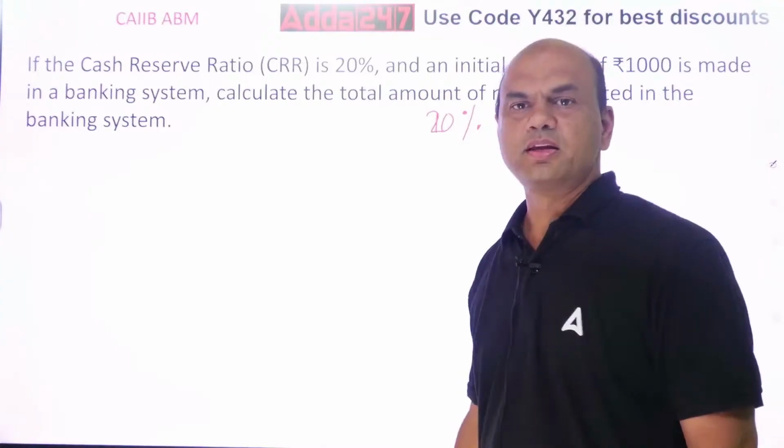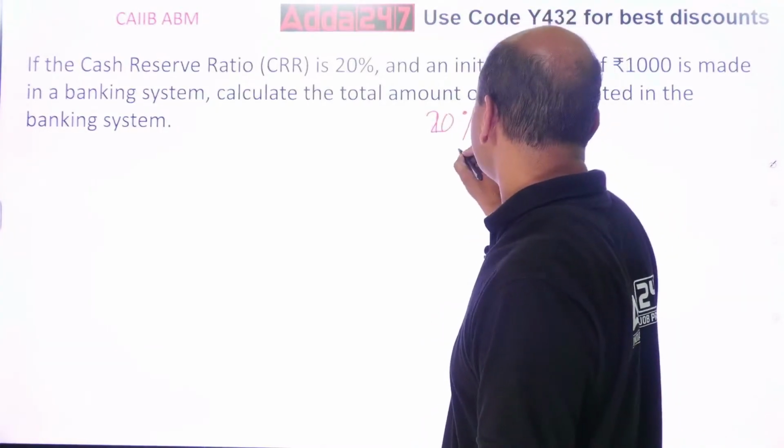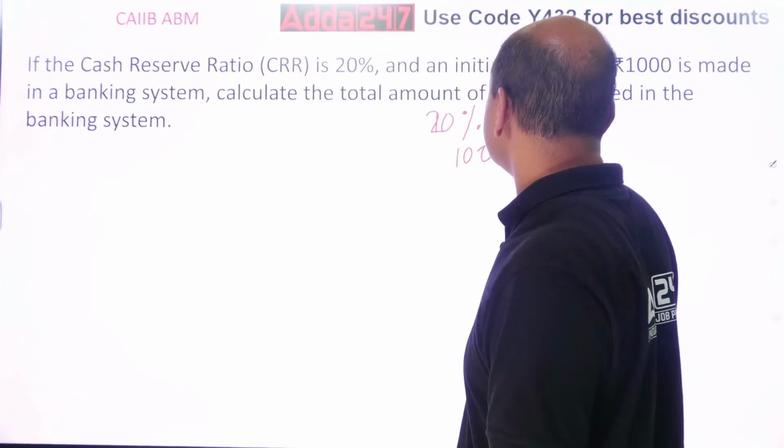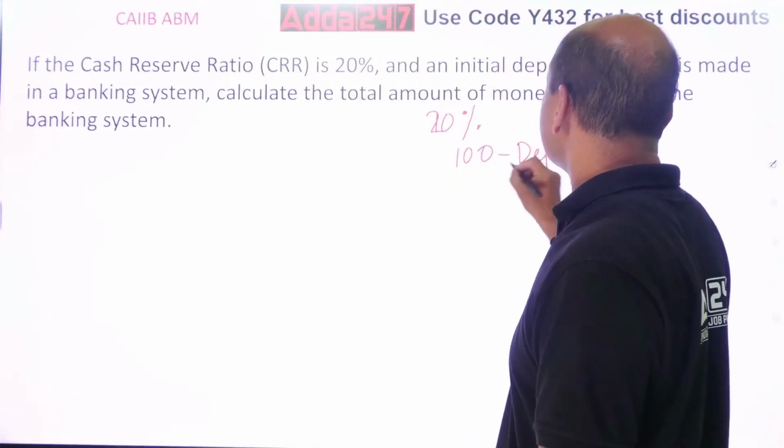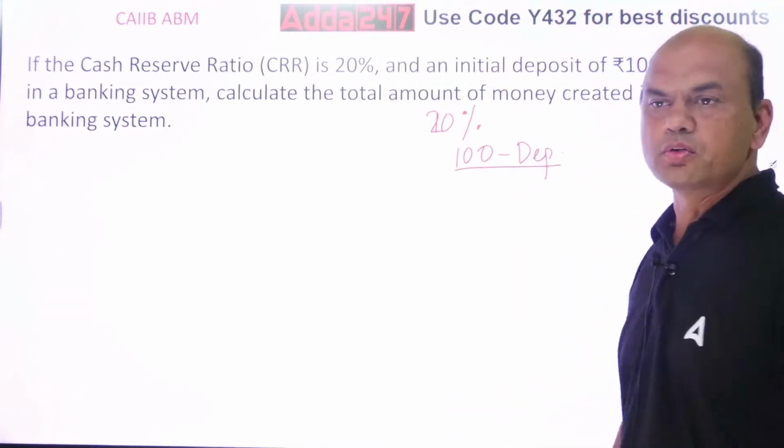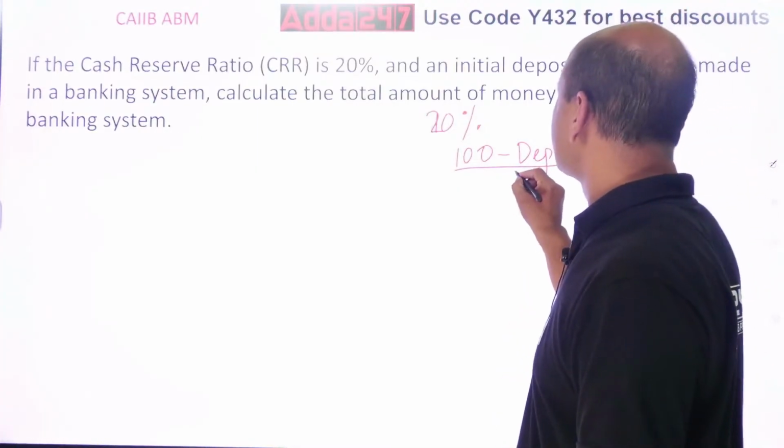What does it mean? If my bank gets a deposit of 100 rupees, then out of that 100, it bifurcates into two parts.